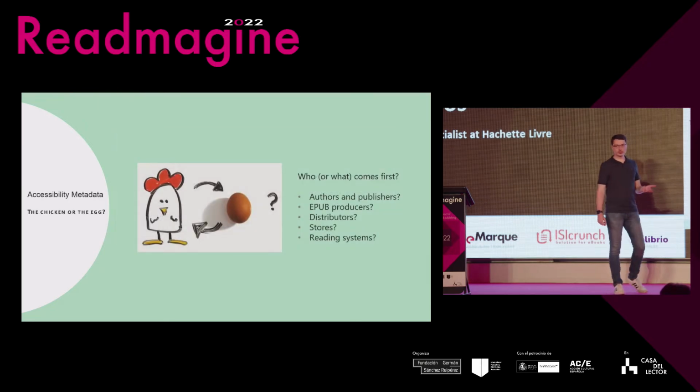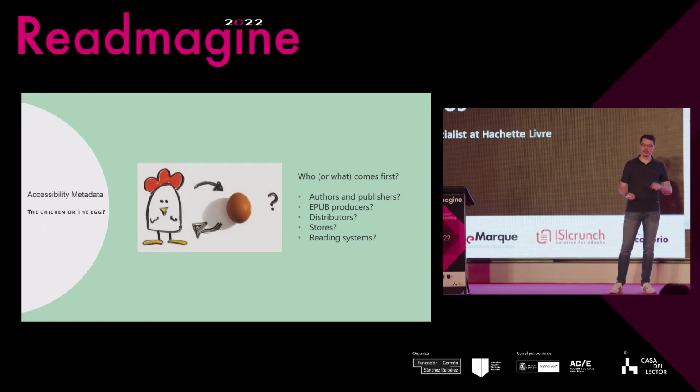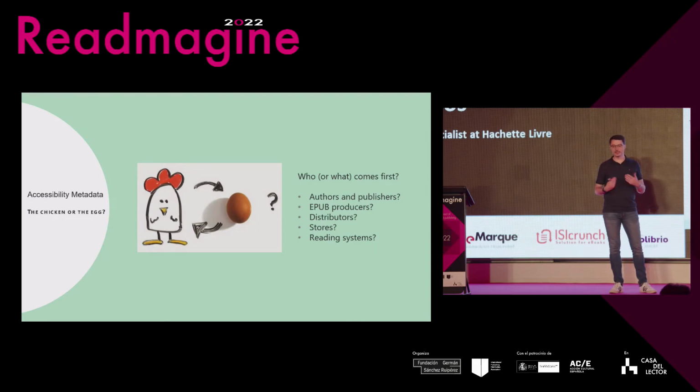And when we talk about accessibility and accessibility metadata, when we started to work on accessibility metadata years ago, it's like we have a chicken or the egg situation. So who or what comes first? Authors and publishers, EPUB producers, distributors, stores, reading systems. At that time, we didn't know. And the punchline, the conclusion for Hachette is, why wait?